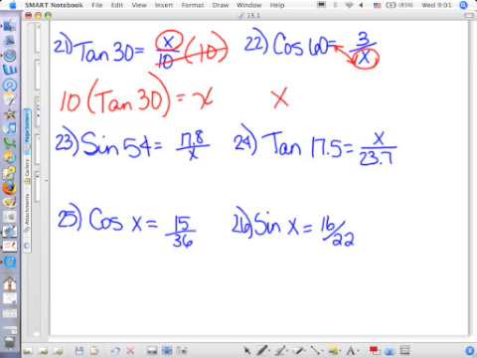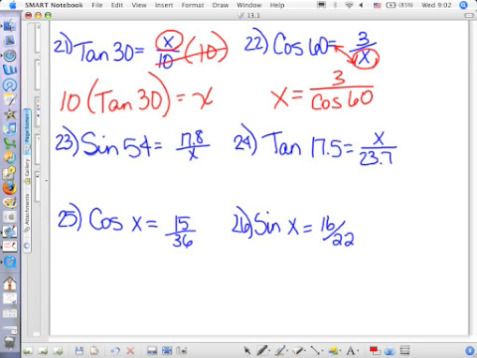So on our calculator, we punch in 3 divided by the cosine of 60, and you get 6. So x would have a value of 6.